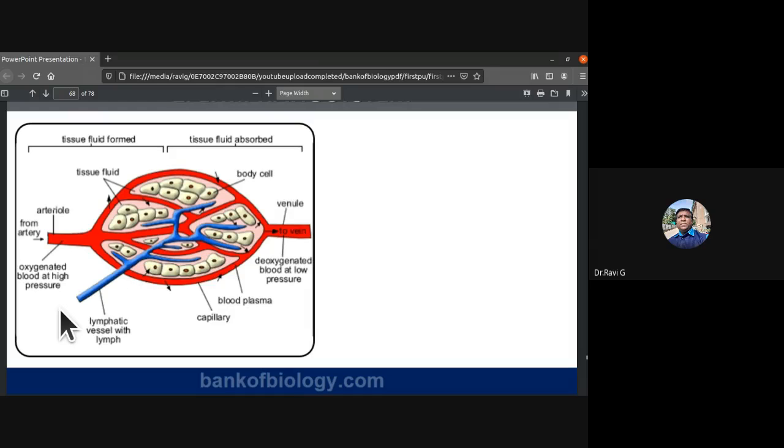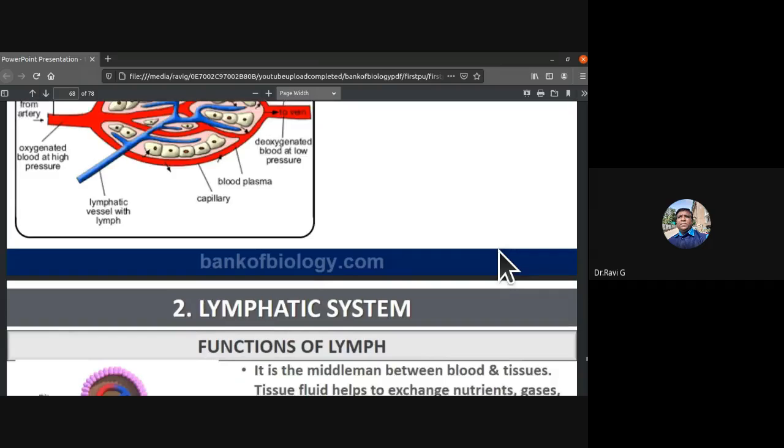When it enters the lymph vessels, we call it lymph. They are colorless. Lymph is a colorless fluid with lymphocytes. You can notice that in this lymphatic system.